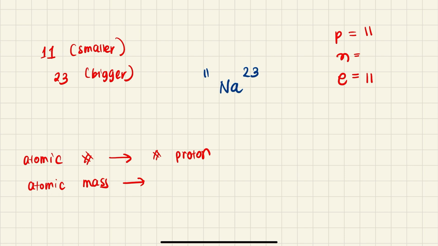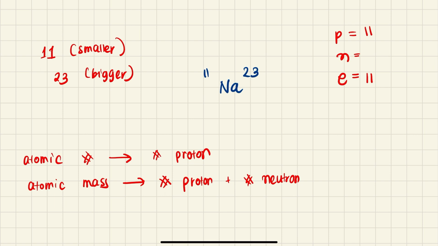What about the neutrons? Neutrons are actually inside the atomic mass. If you still remember, the atomic mass is made up of protons and neutrons, not electrons. So the number of protons plus the number of neutrons added together makes up the atomic mass, because the mass of electrons is way too small to be compared to them.